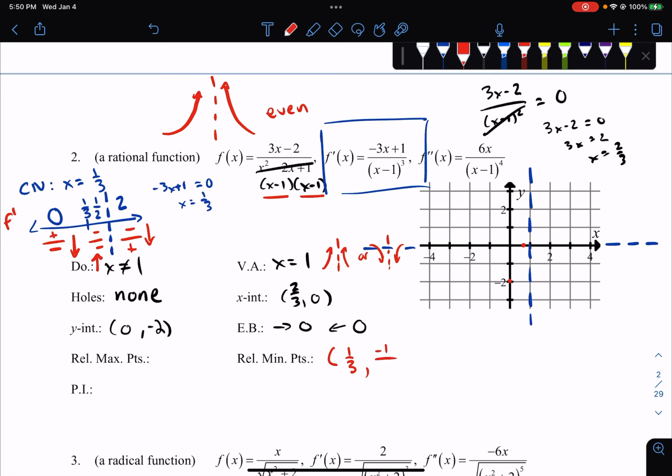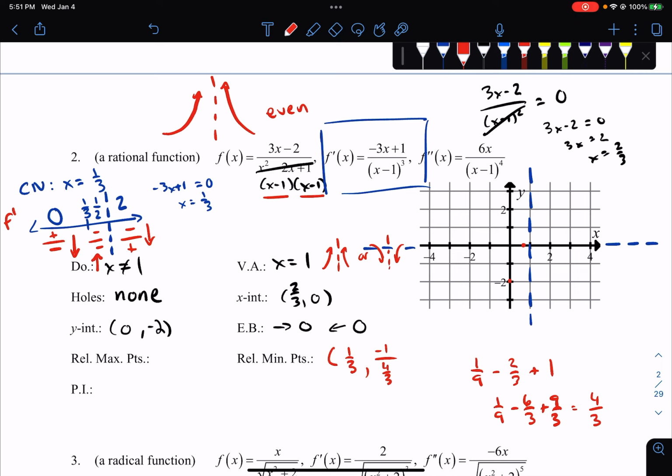On the bottom, you end up with 1/9 minus 2/3 plus 1, which is 1/9 minus 6/3 plus 9/3, which is 1 minus 6 is negative 5 plus 9 is 4. Not 4/4. Come on, Mr. Reed. 4/3. So that's negative 1 over 4/3.